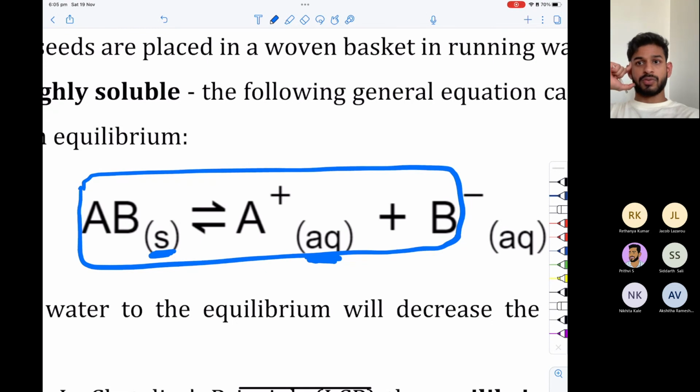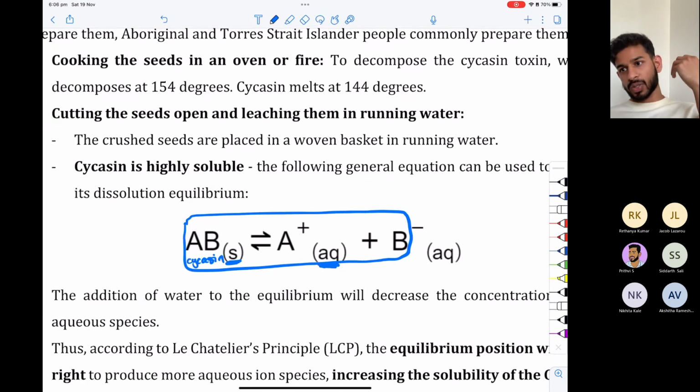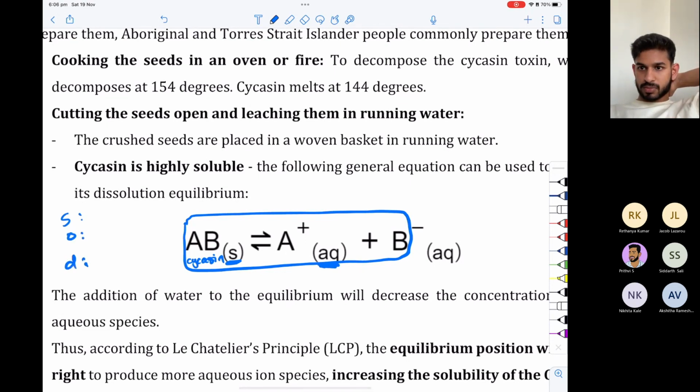Le Chatelier's principle. Good. Now we're running this toxin, or the seed which contains this toxin AB, I'm going to call this cycasin, through running water. So what's going to happen, Ritanya, to the concentration of A plus and B minus if this cycasin toxin is always being washed away by running water? Decrease.